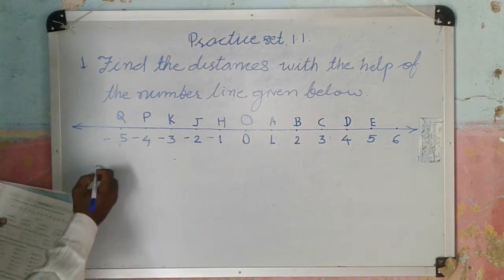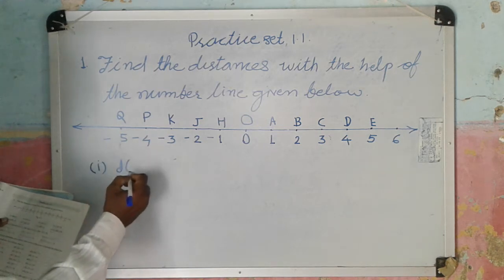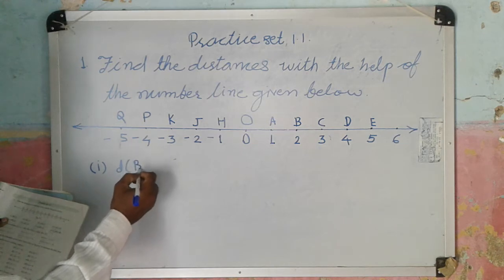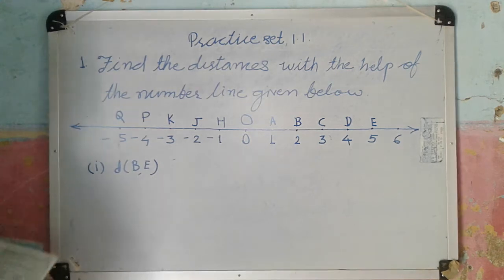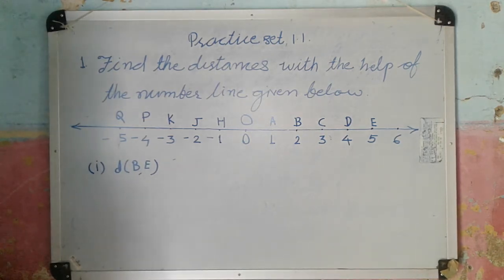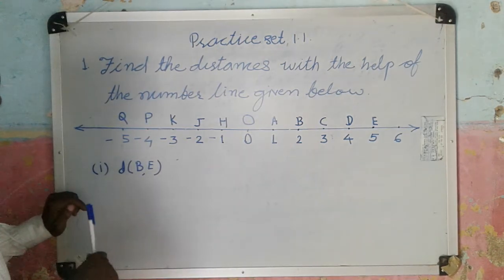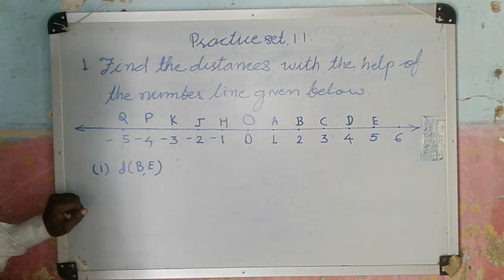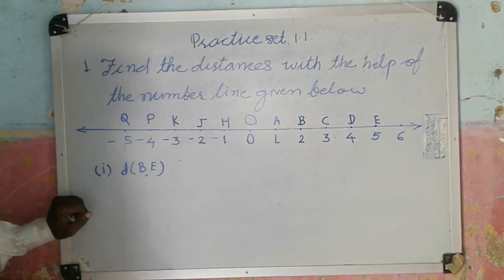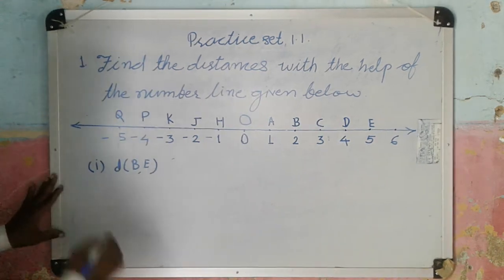First we will take the first example: distance of B to E, that means the distance between points B and E. So first we have to find the coordinates of these 2 points, and these coordinates are given on this number line.